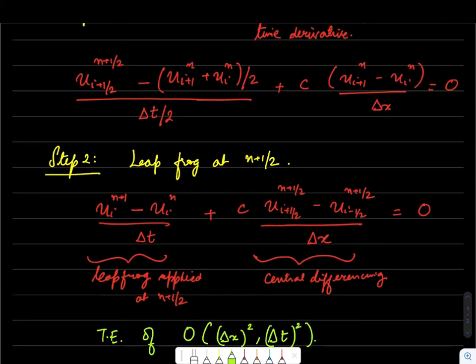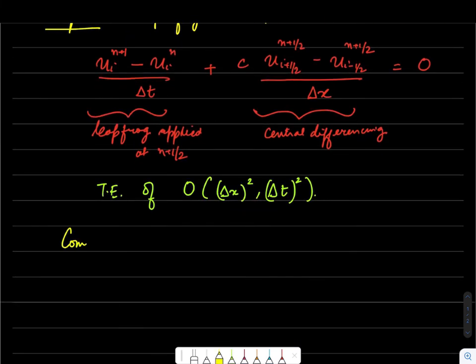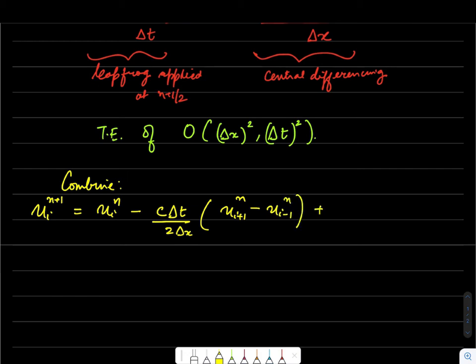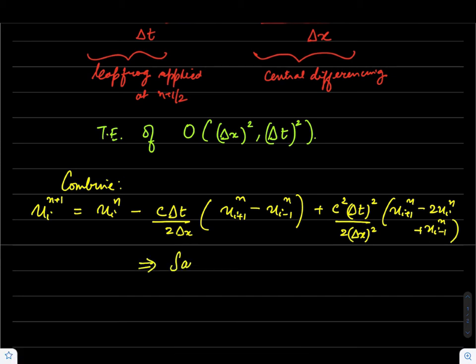And you can actually combine these two equations in terms of actual implementation, and if we combine, the algorithm looks something like this. u i n plus 1 would be u i n minus c delta t by 2 delta x, u i plus 1 n minus u i minus 1 n, plus c square delta t square by 2 delta x square, u i plus 1 n minus 2 u i n plus u i minus 1 n, which, if you compare, is the same as the original Lax-Wendroff that we have discussed in this course.